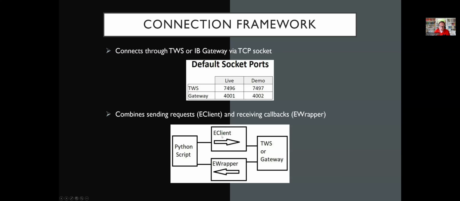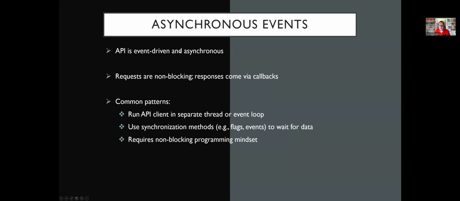These have lots of functionality within them that we can use natively, but you do have to inherit EClient and EWrapper. Those are the two main classes that you need to work with. Now, the IB Broker API is event-driven and asynchronous, and that means that requests are non-blocking and responses come via callbacks.